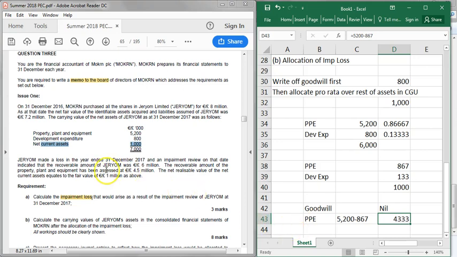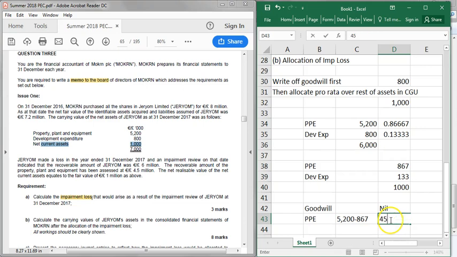is that the recoverable amount of the individual PP is 4.5 million. So what that means is, although you've said it should be written down to 4.3, there's a limit. It cannot be written down more than its recoverable amount. Likewise, the net realizable value of net current assets is 1 million. That's why you can't allocate any to that. It's already at its lowest amount.